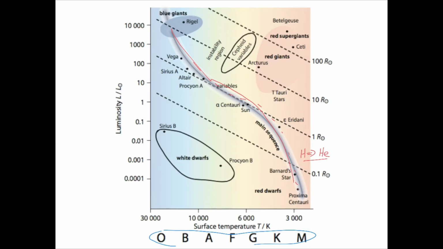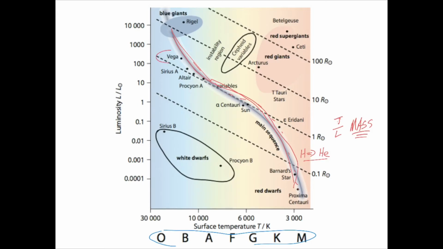Well, this is temperature and luminosity. Those things are different because of what we talked about before, which is mass. Whatever their mass is, that's going to affect where they are on the main sequence.